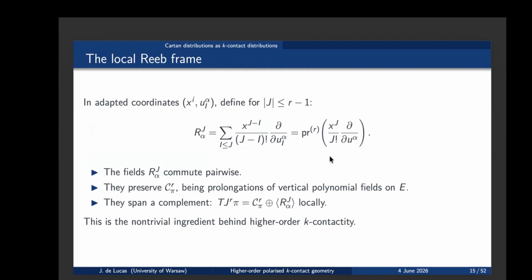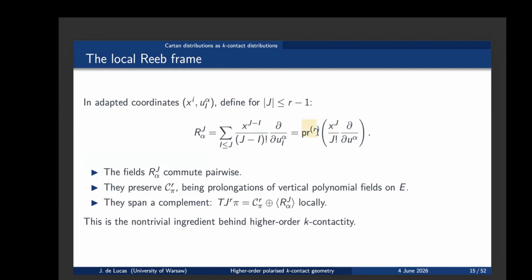So how do we construct the local frame? The local frame is given by this expression, or more essentially by means of this. You have every dependent variable U alpha, and you pick up polynomials on the base manifold given by the J, the multi-index up to order R minus 1.